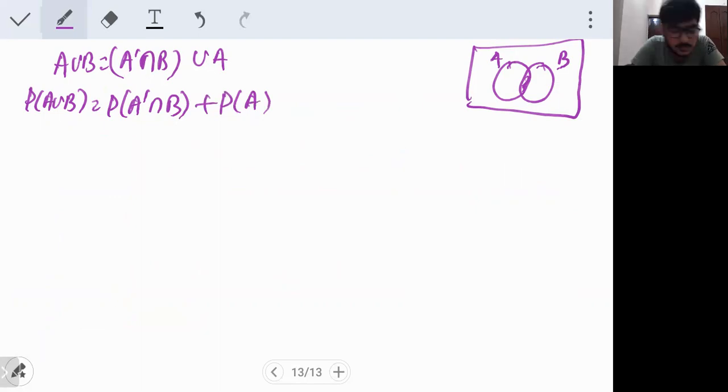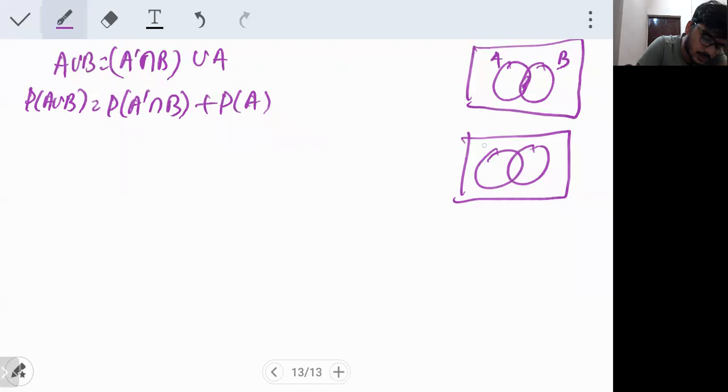Now we have to take another example, this Venn diagram again. This is A, this is B. Now we have to define B. B will be equal to this portion plus this portion, right? So A intersection B plus the other section. What is that?